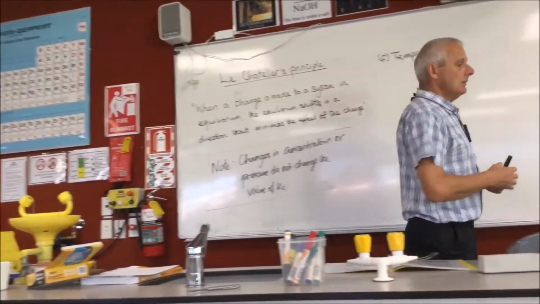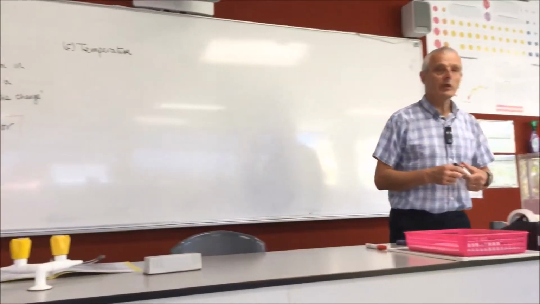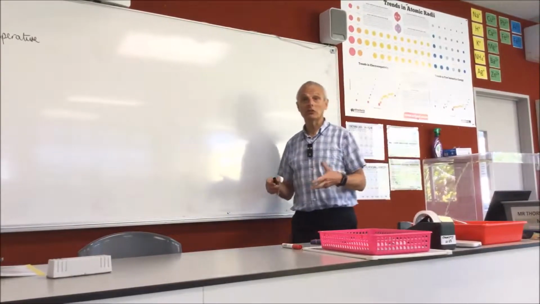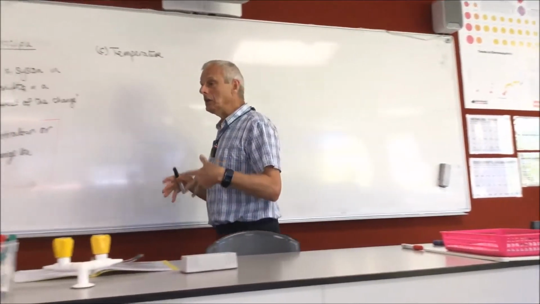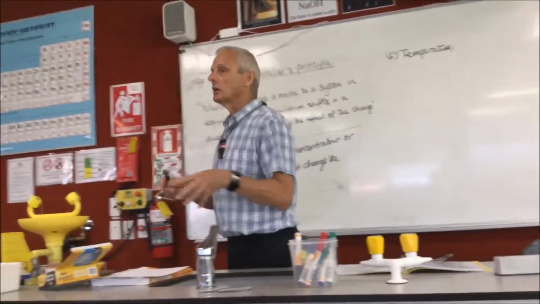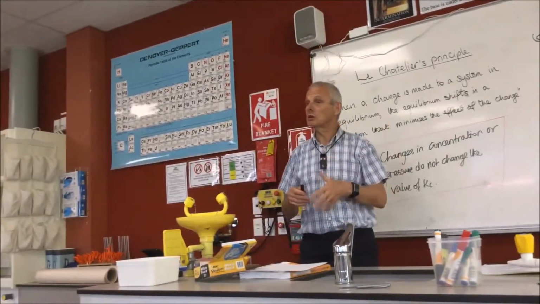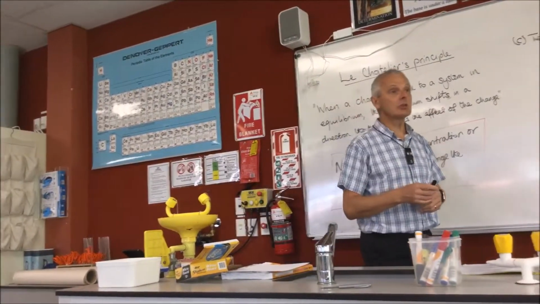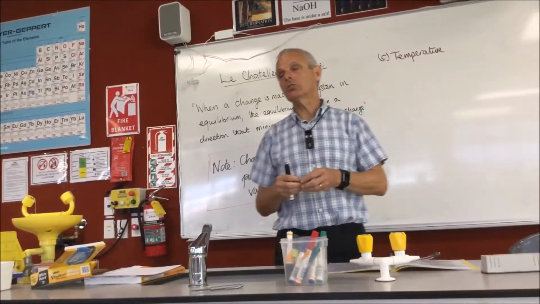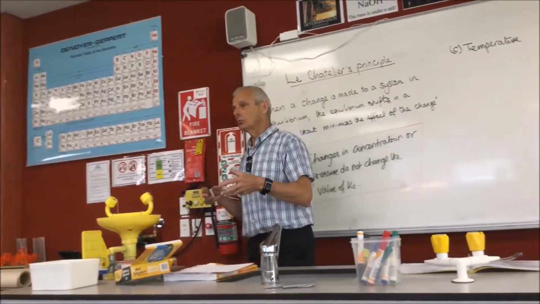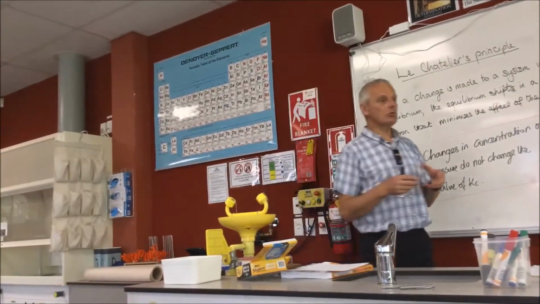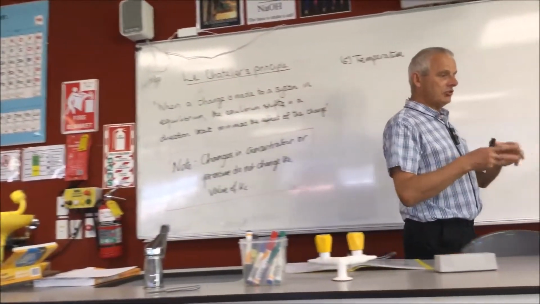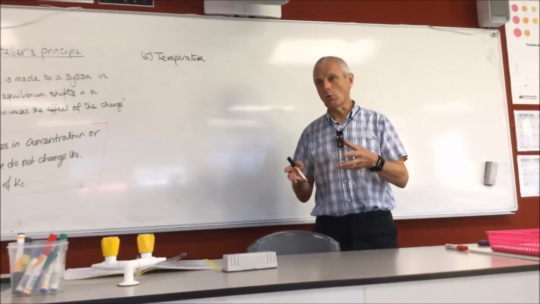Now, there's a bit about heat and chemical reactions that you need to know before you can interpret what happens when you increase or decrease temperature. There are two types of reaction in terms of energy. There are those reactions where you add things together and they get warm or hot.